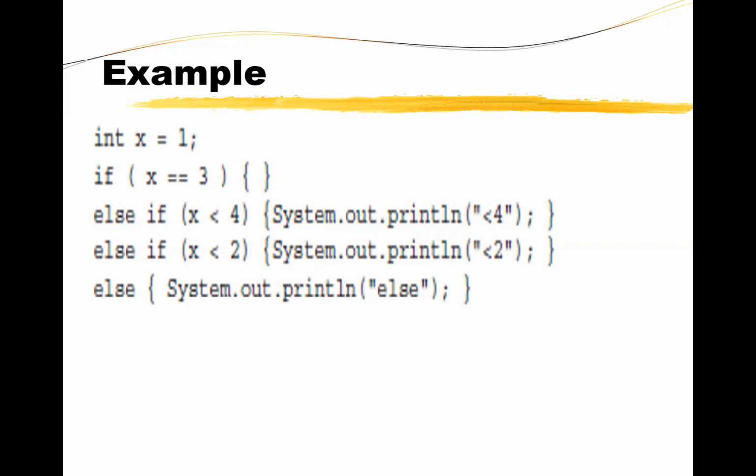San, what is the output, San? Less than 4, sir. Less than 2. Right. Chamodi, what is the output? Will it, what will it print?